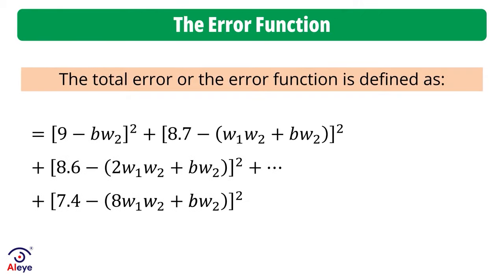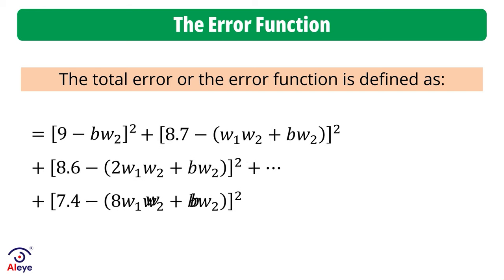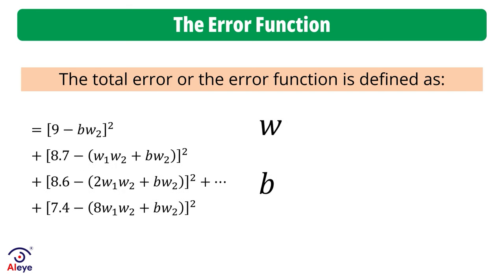Neural networks learn by adapting their weights. As we can see, the total error, given by the error function, depends on the connecting weights, W1, W2, and the bias, B. This total error can be minimized by adapting the connecting weights and bias.